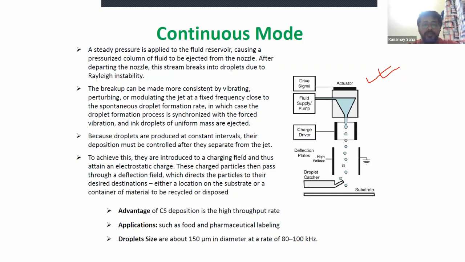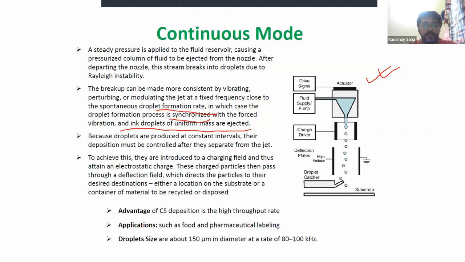The breakup can be made more consistent by vibrating, perturbing, or modulating the jet at a fixed frequency close to the spontaneous droplet formation rate. In which case, the droplet formation process is synchronized with the forced vibration, and ink droplets of uniform mass can be formed.